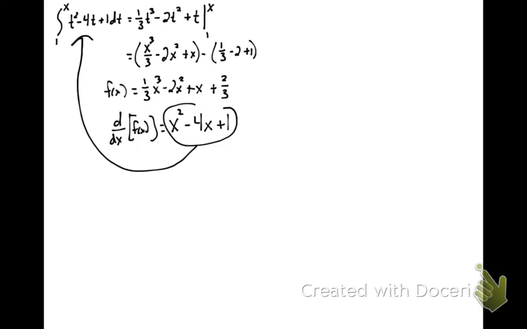There are two things to be aware of with this second fundamental theorem of calculus. If our function is continuous on an open interval containing some value a, then the derivative of our integral from some number a, in our example it was 1, to x, of our function with respect to t, dt, will always equal f of x.